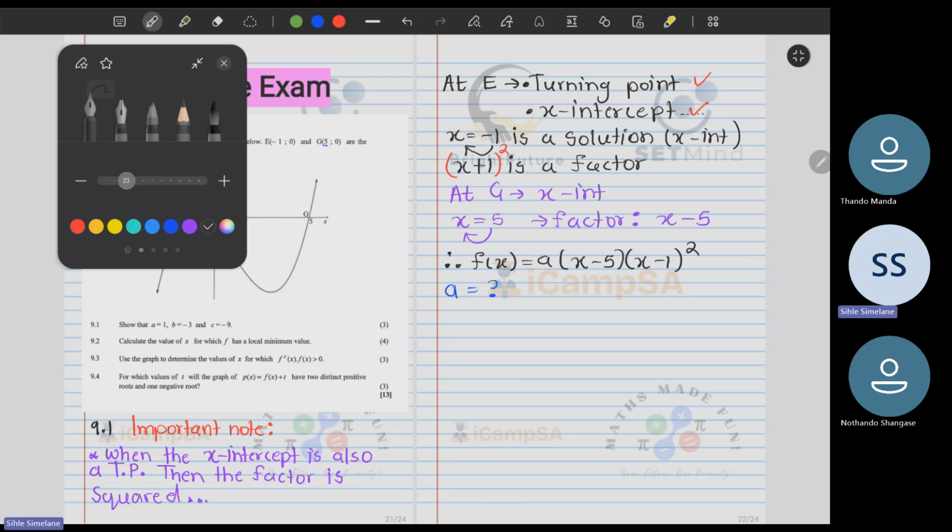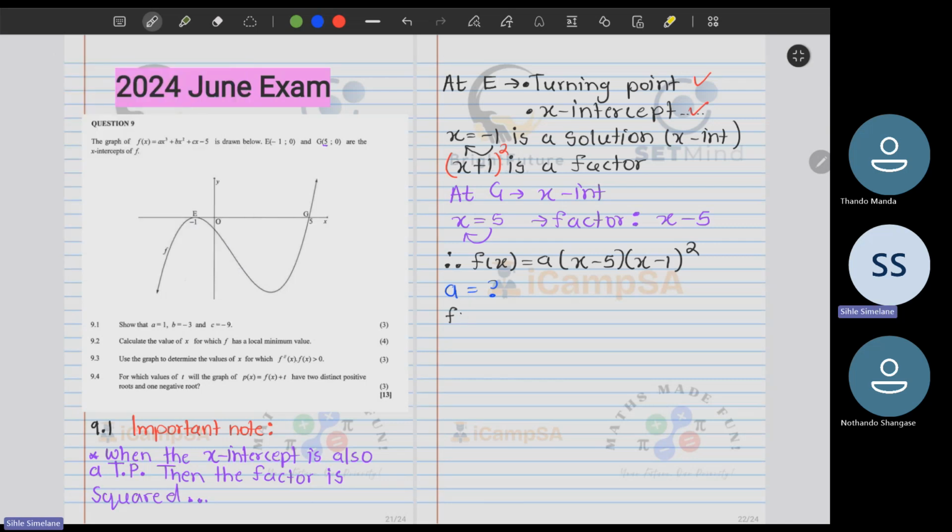But if we quickly multiply f of x, you will see that we'll have a into, so we are going to have x minus 5. Then I'm going to have x minus 1. But when we multiply that second bracket, x minus 1 all squared, you'll get x squared minus 2x plus 1.